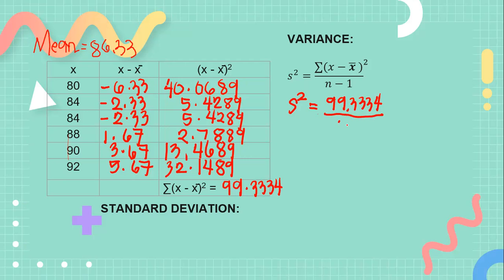Very good, it's 6 minus 1. So 99.3334 divided by 5.